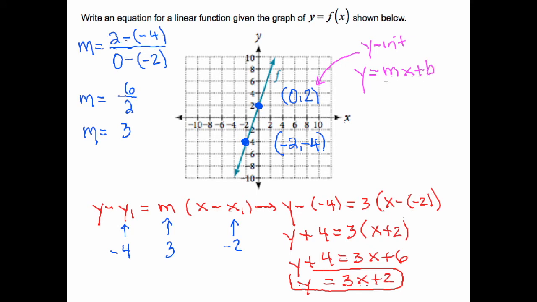For the slope, you substitute in a 3, and for the y-intercept, that's just the 2. So I could have written y is equal to 3x plus 2 right off of the slope-intercept form. Either way, the equation of the line is y equals 3x plus 2.